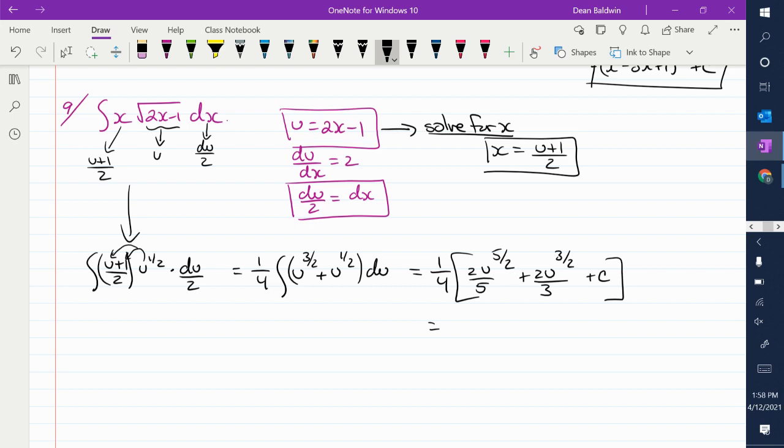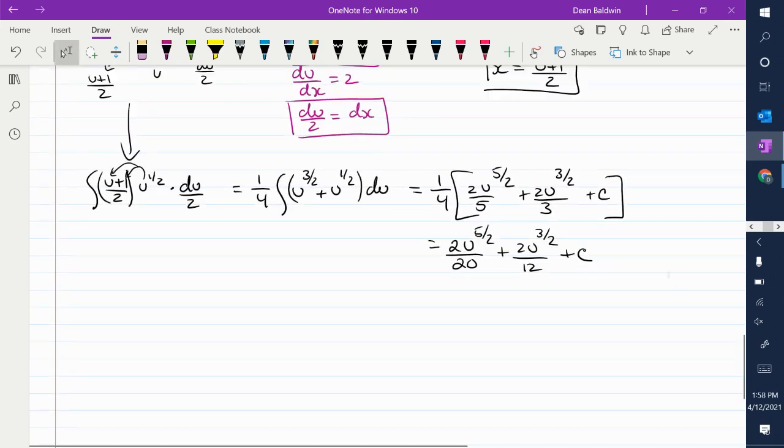You can multiply the 1/4 in, it'll just give you denominators of 20 and 12. So you can write that, and then you can reduce those denominators and put back in your u.